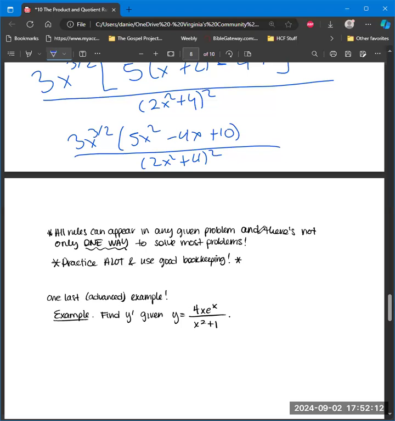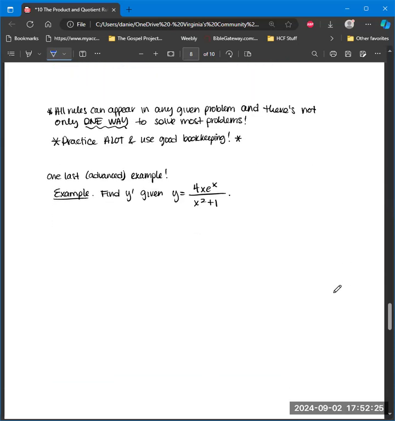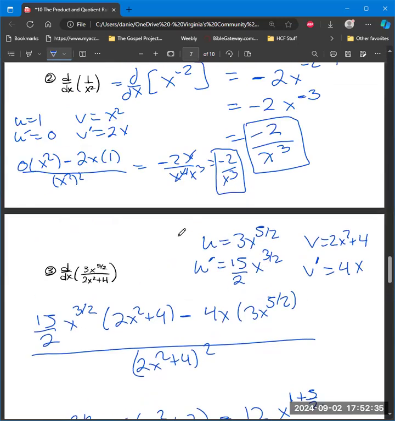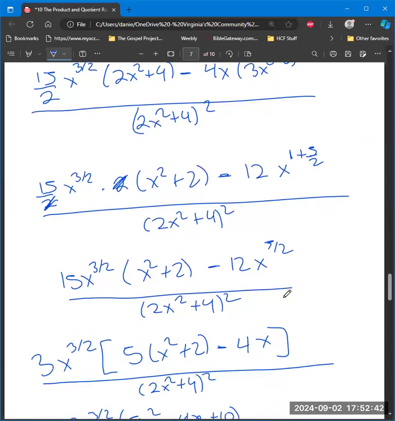If I wanted to pull out the 2 squared from down here, I could do that, but really there's nothing that's going to give me a 0 in the denominator there. So I'm not really worried about that. All rules can appear in any given problem, and there's not only one way to solve most problems. So practice a lot and get used to good bookkeeping, meaning make charts like I'm doing here, declare your variables and your derivatives and be very careful with them.